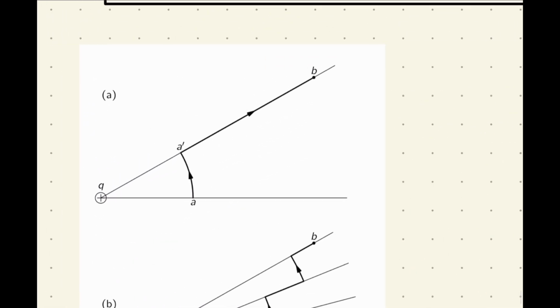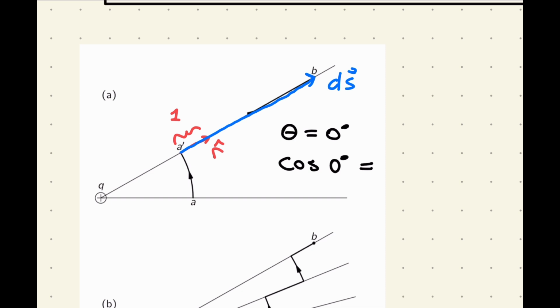Remember that the r hat vector points radially away, and it has a length of 1. And in this case, ds is the path that we are taking here from A to B. So this is ds. If you take a look at these two, the angle between them is 0 degrees, and if we take the cosine of 0 degrees, we get 1.